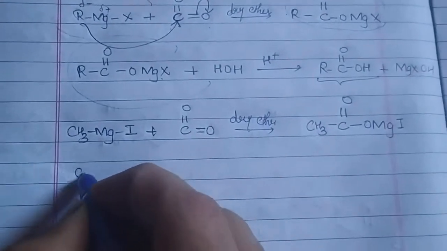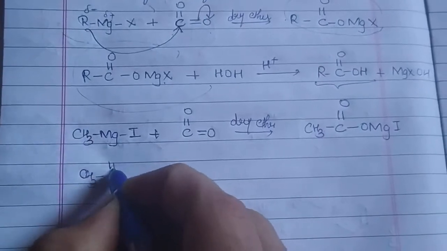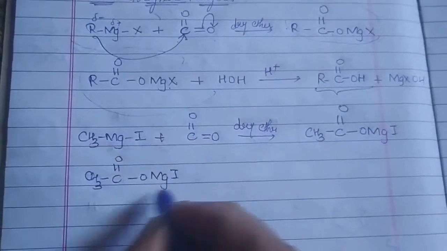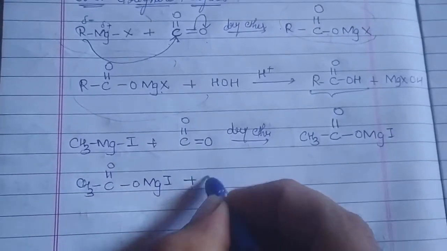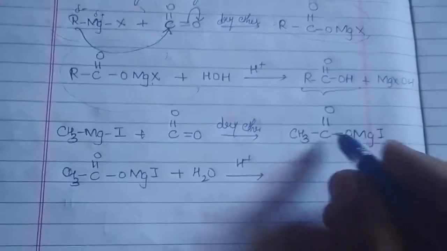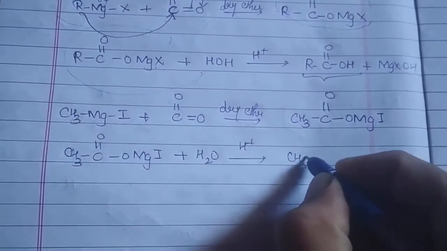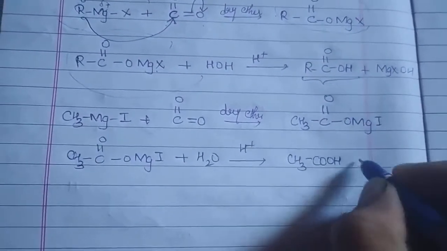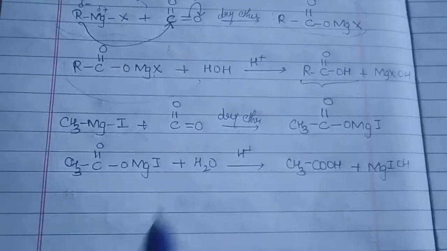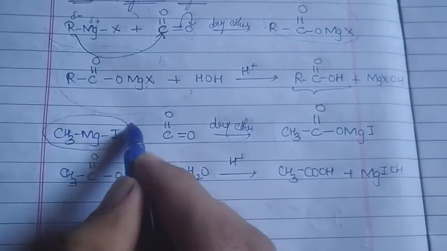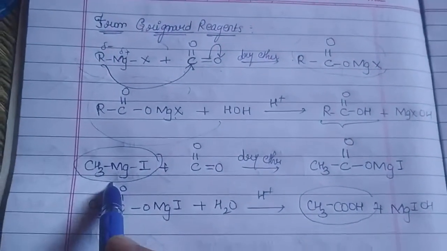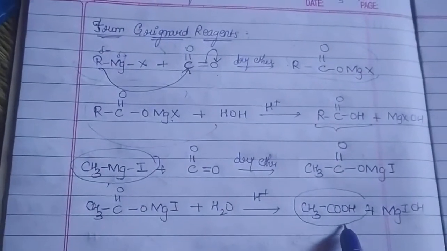Then upon acid hydrolysis of this addition product in the presence of mineral acid, what you are going to get? CH3COOH plus MgIOH. Can you see? From methyl magnesium iodide, I have prepared acetic acid. That is, from a Grignard reagent, I am able to get a carboxylic acid.